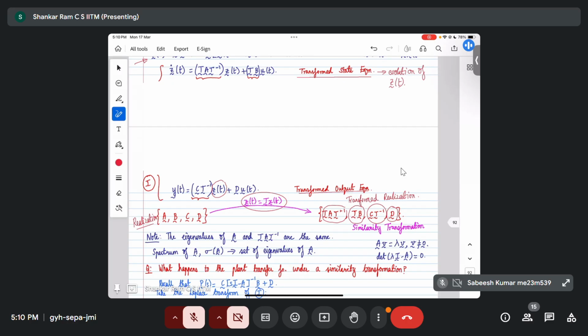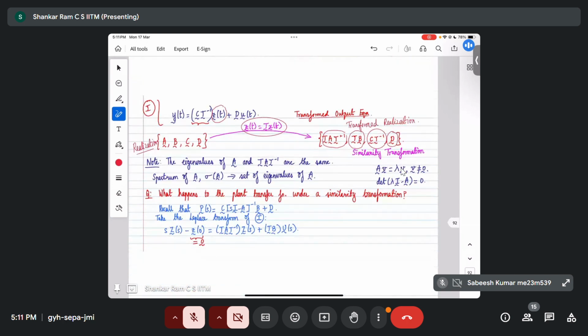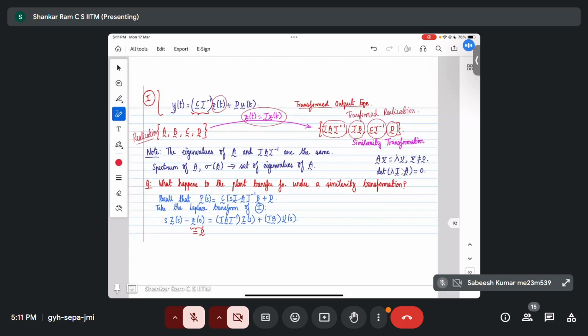This shows that you and I can have an infinite set of state space representations, because each one of us can choose many such transformation matrices T. That is why the state representation is not unique.